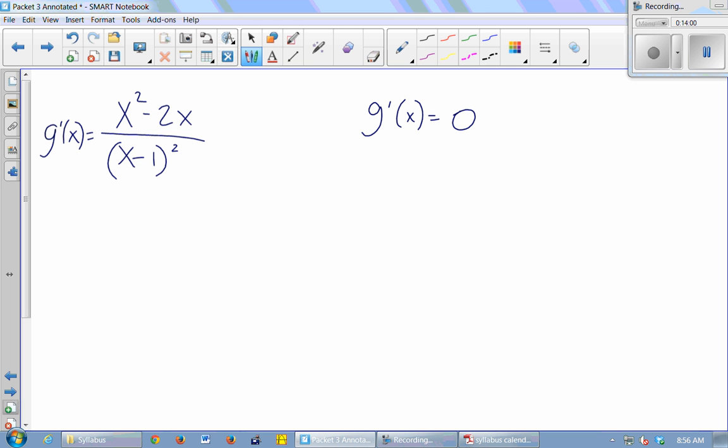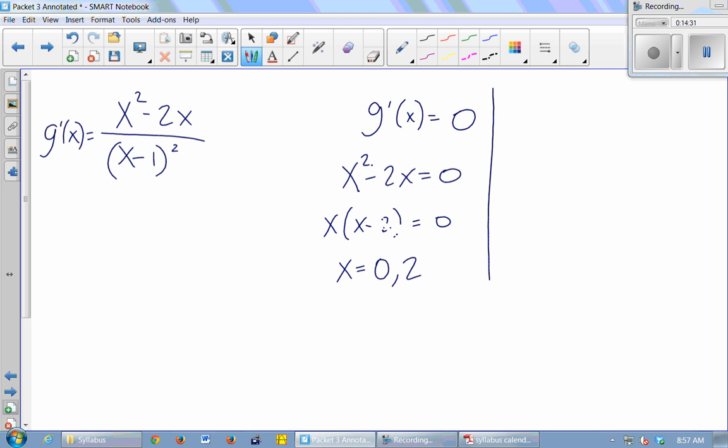It's the only way a fraction can equal 0 is if its numerator is 0. So I'm just going to ignore the denominator, and I'm just going to set x squared minus 2x equal to 0, factor it, and I get two critical numbers, 0 and 2. So those are potential places where we could find a max or a min, critical numbers.